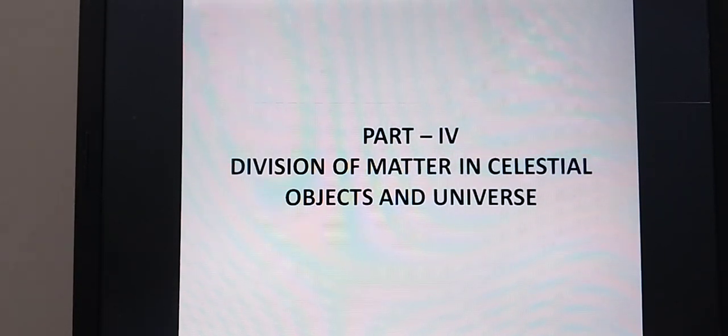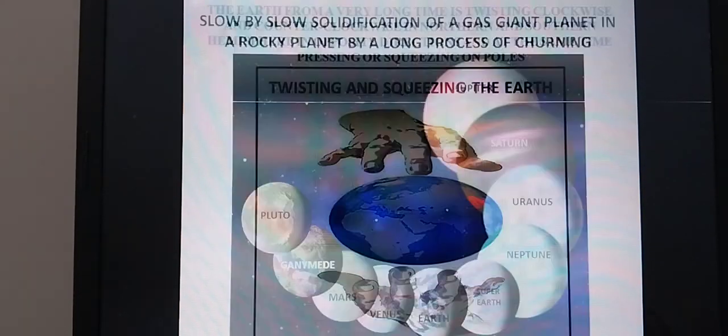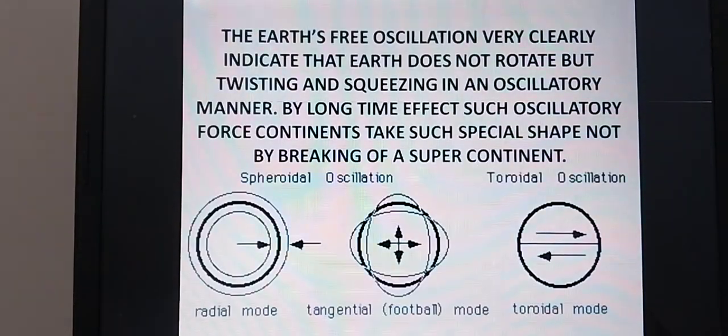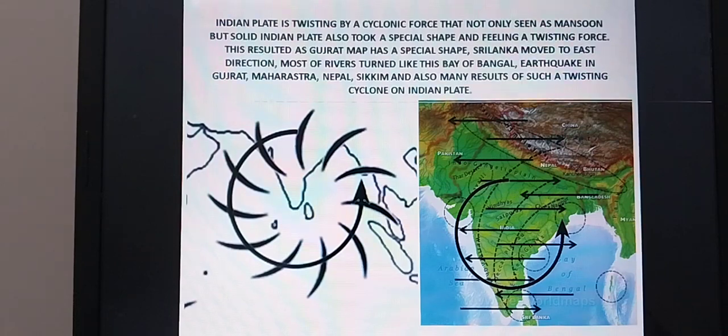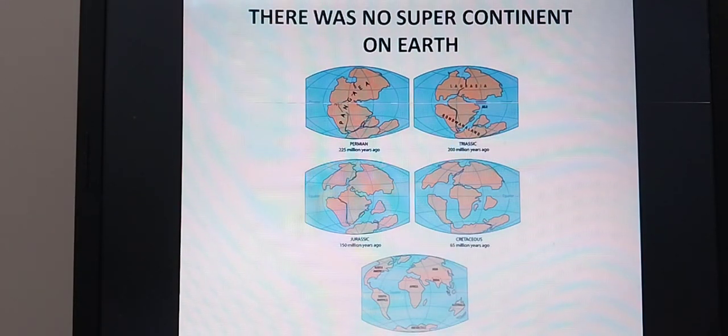Dear friends, you can understand how a supercontinent is not possible, and large scale similarity and symmetry are the main reason that explains that Alfred Wegener's theory of origin of continents and oceans is completely wrong thinking.